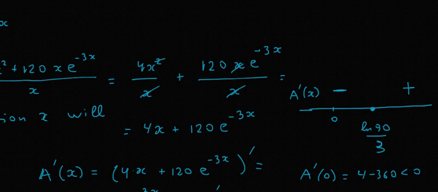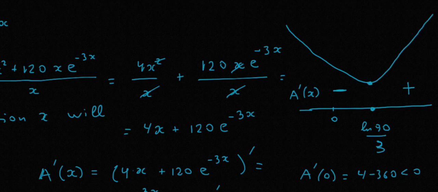And what does this tell us about the function itself and also this critical point? So to the left of the critical point, the function is decreasing. And then to the right of the critical point, the function is increasing. So the graph schematically looks like this.